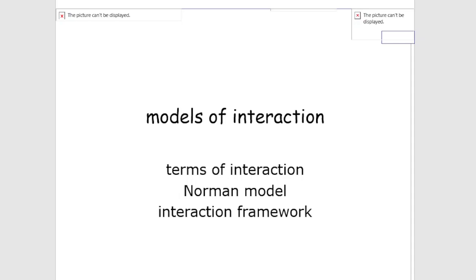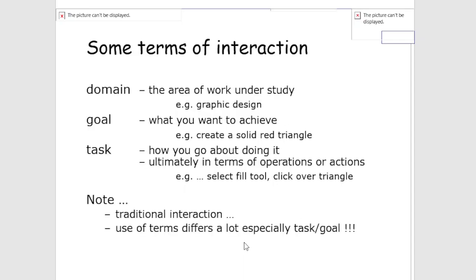And here at the beginning, let's start from the terms of interaction. The terms of interaction are domain, goal, task. Domain is the area of work under study. So it defines an area of expertise and knowledge in some real world activity.